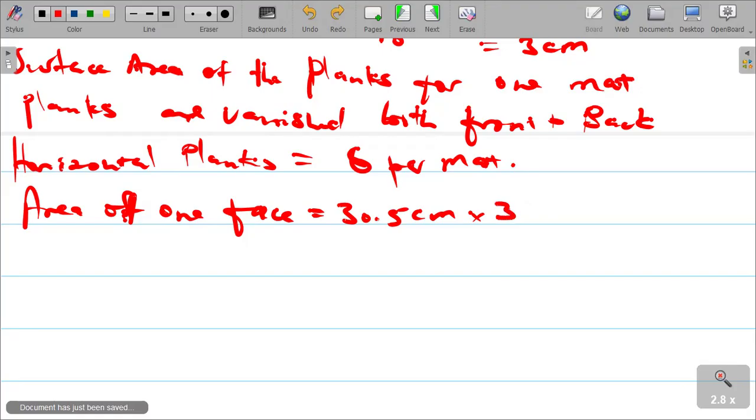If we multiply that, this is going to give us 91.5 square centimeters.